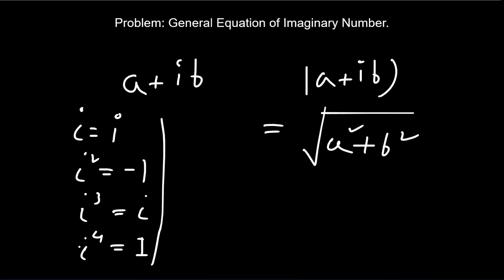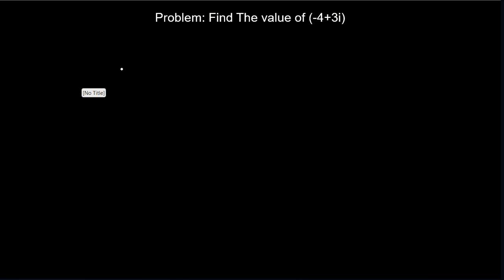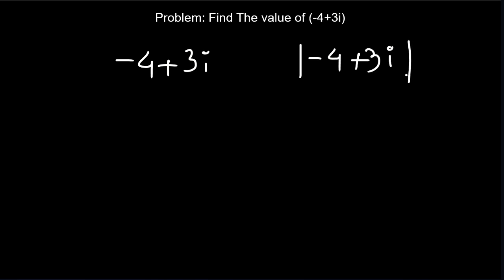So let's start. Our first math is minus 4 plus 3i. Let's start with the modulus of minus 4 plus 3i. We will use the equation for the modulus of a plus ib. So minus 4 whole squared plus 3 squared.